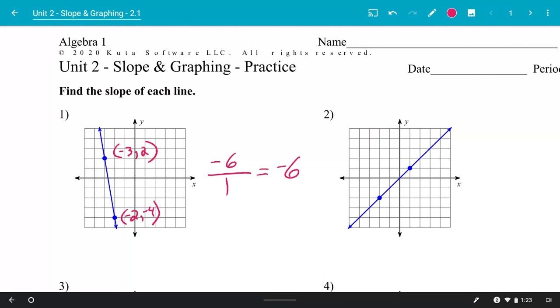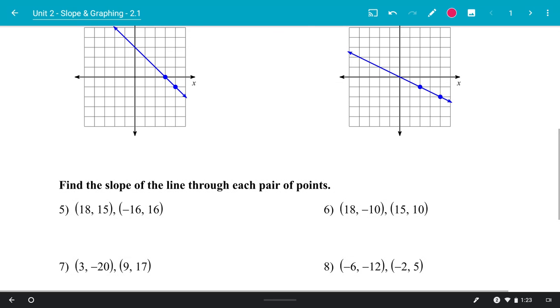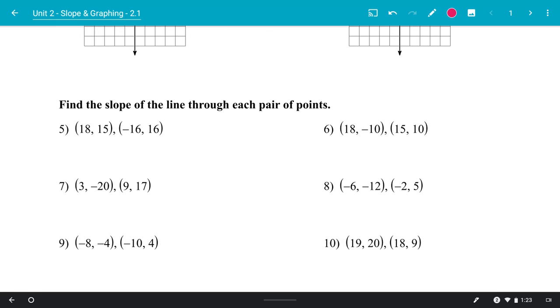And we're going to move on into slope formula. Here we're going to find the slope through each pair of points. We need to remember to use y2 minus y1 over x2 minus x1.